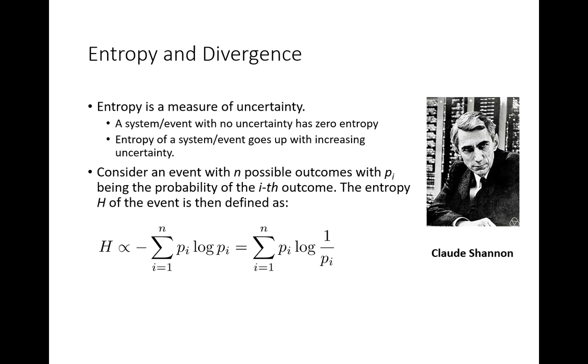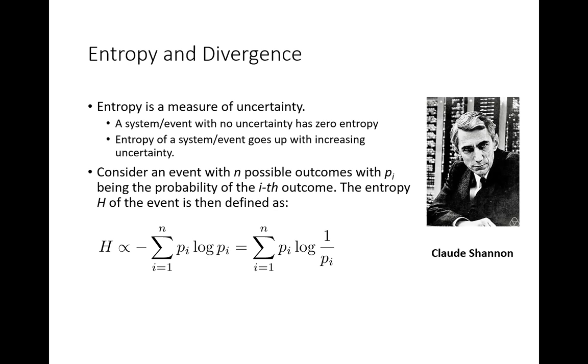So to define how we measure entropy, let us consider a situation where there are n possible outcomes of an event. So there is some phenomenon that takes place, and there are n possibilities that could occur as a result of that phenomenon, or n possible outcomes. And let p sub i indicate the probability that the outcome is going to be the ith outcome.